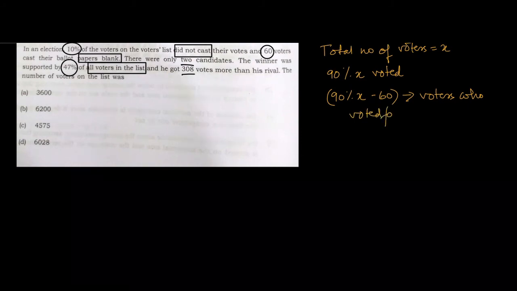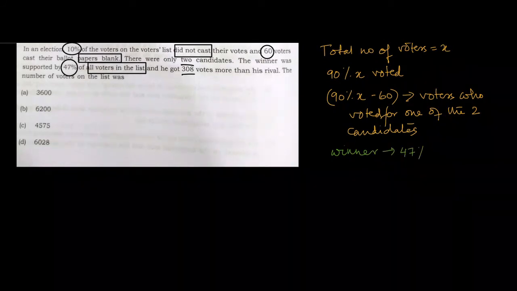And 60 voters actually gave a blank vote. So 90% x minus 60 are the number of voters who voted for one of the 2 candidates.